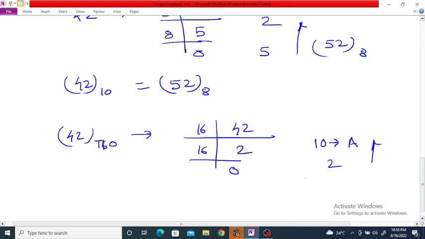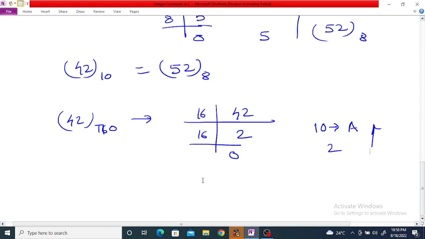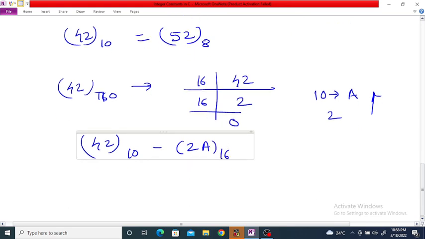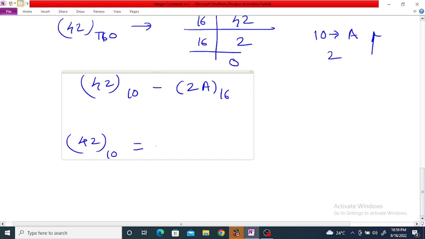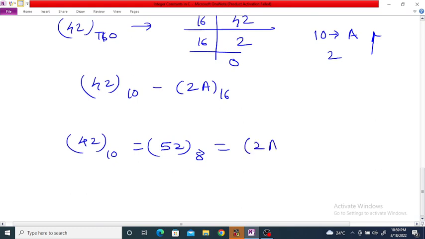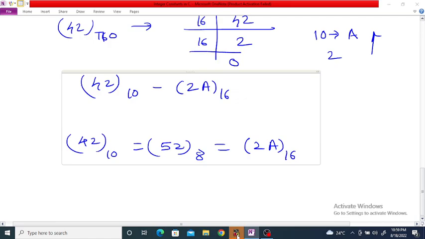So we can write 42 in hexadecimal form as 2A. So 42 is given in decimal, its octal representation is 52 with base 8, and its hexadecimal representation is 2A with base 16.